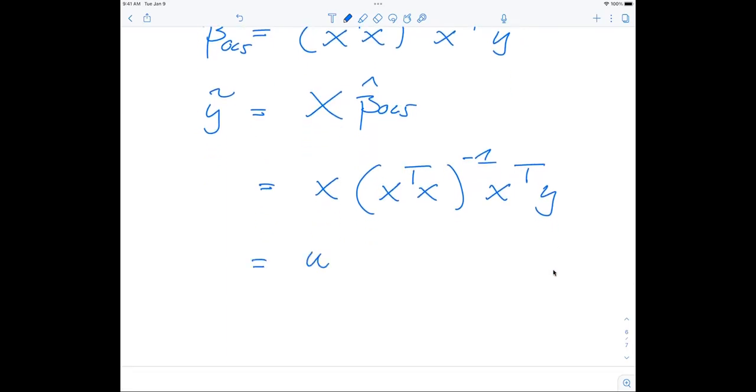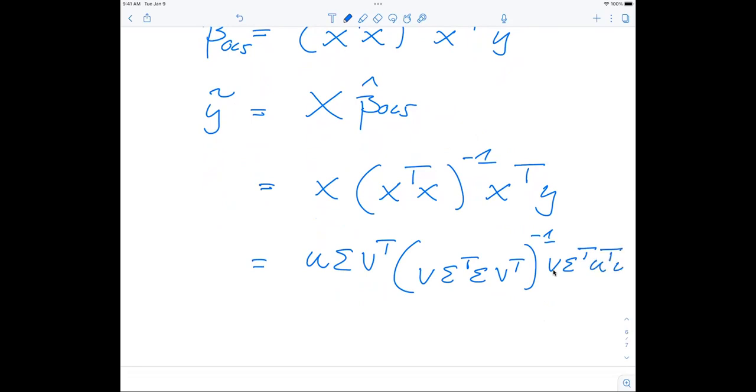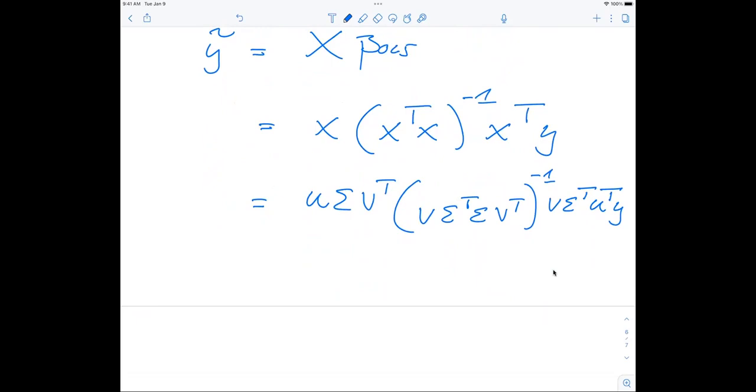So this is going to be U sigma V transpose, times V sigma transpose sigma V transpose to the minus 1. And this is multiplied again with a transpose here, which becomes V multiplied with sigma transpose times U transpose times Y. And after the break, I'm going to simplify this one.